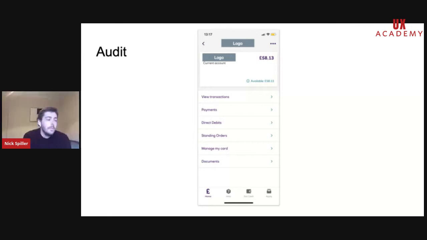Cool. So now I wanted to dive into what's called a design audit. This is actually something that I was working on today, not this exact example, something similar, so same process.